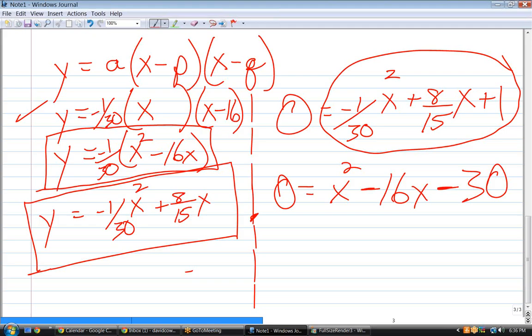Factors of 30 are 6 and 5, 10 and 3, 15 and 2, none of which subtract to the number 16. Nope. Which means the solution lies in the quadratic formula.